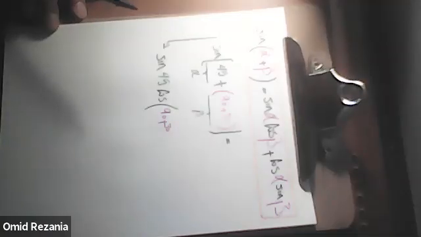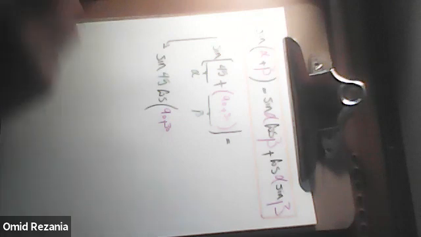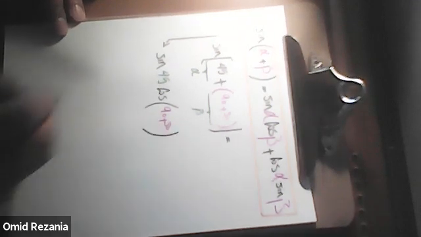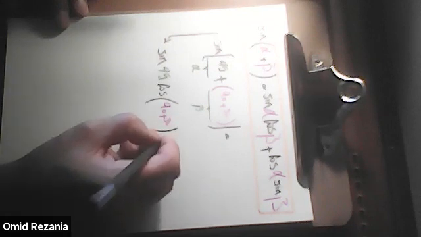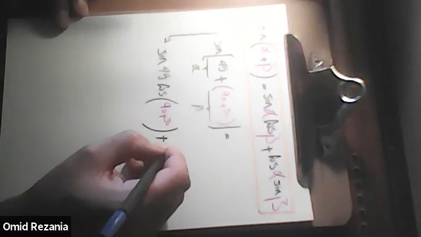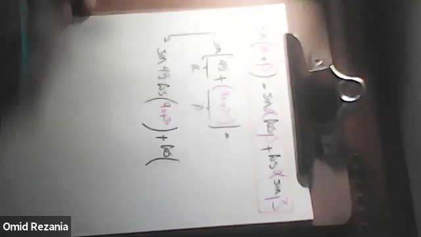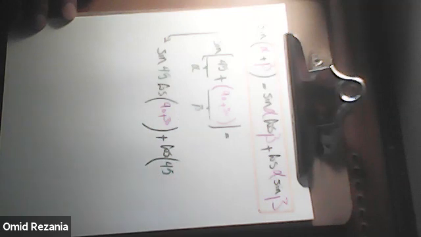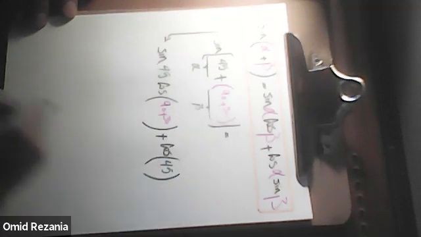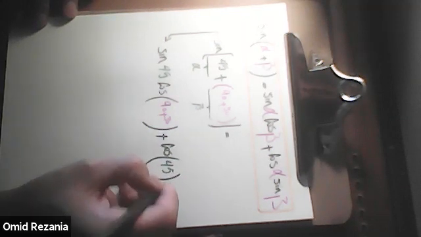That's so true. Plus the cosine of what? Cosine 45. Cosine of 45 times sine of what? 90 plus 30.